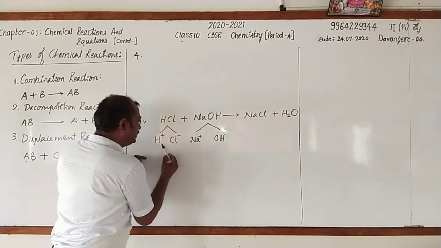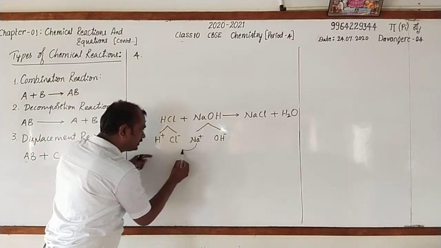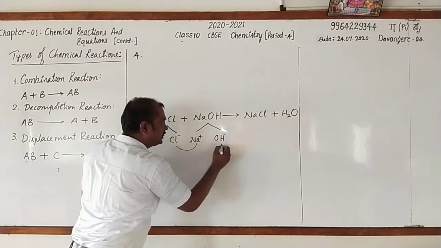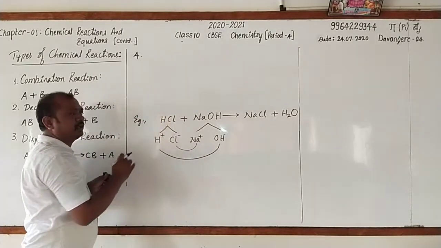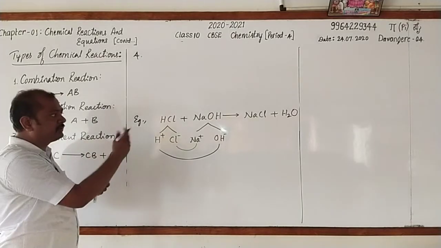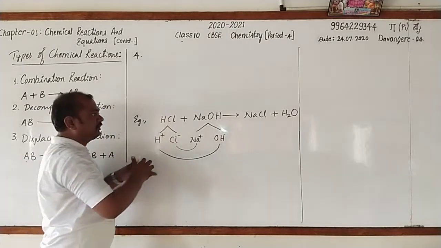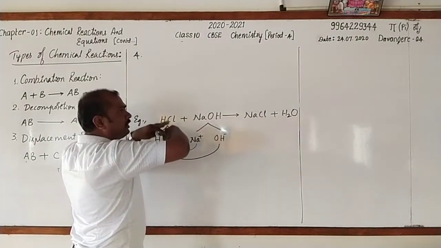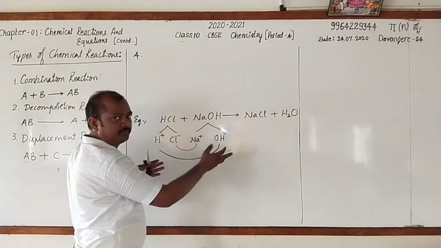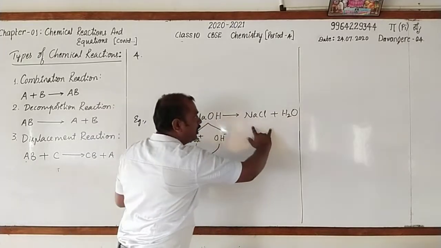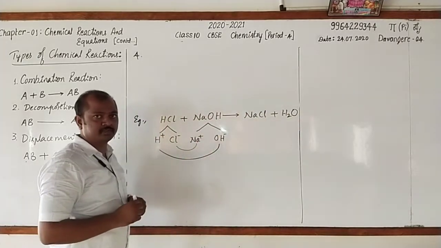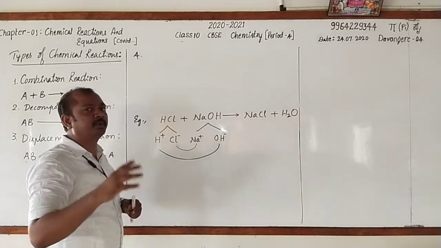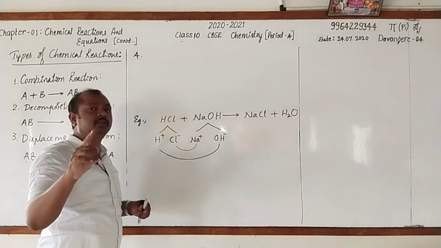Sodium chloride is formed by Na and Cl, these two ions, and water is formed by hydroxide ion and hydrogen ion. From this, can we say that these two compounds exchange their ions mutually? So they have formed two new compounds.